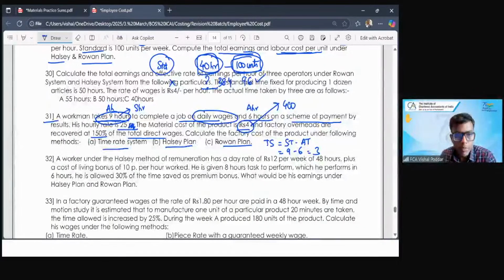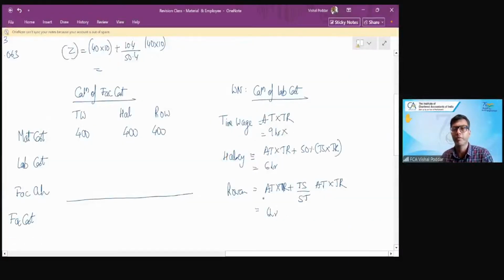What is my time rate? Time rate is rupees 25. So 9 into rupees 25 is your labor cost here. Here, 6 into 25 plus 50% of time saved, that is 3 into 25, 50% of this.